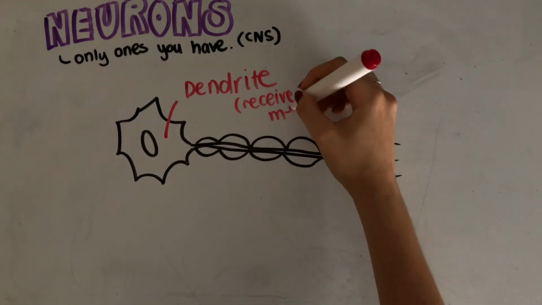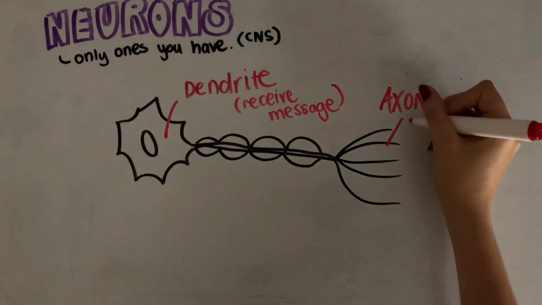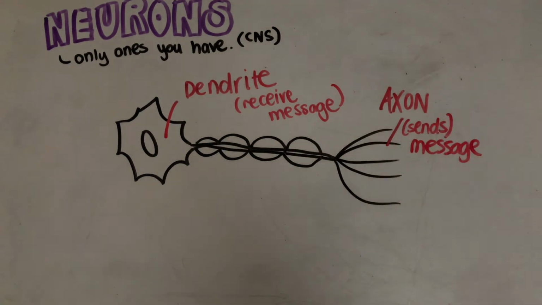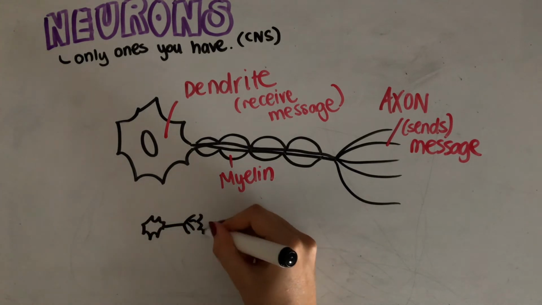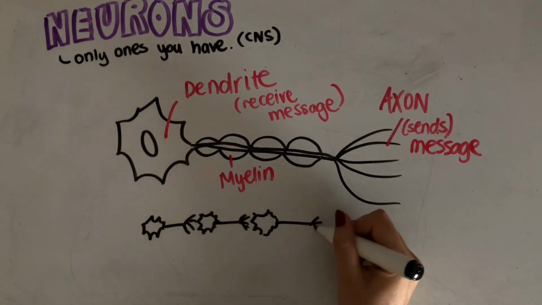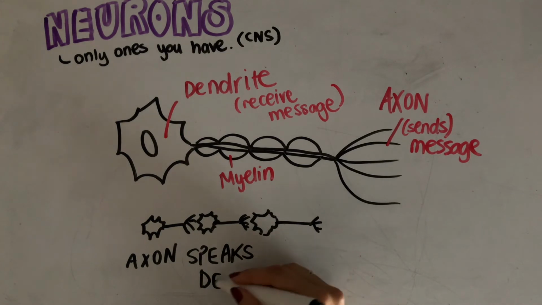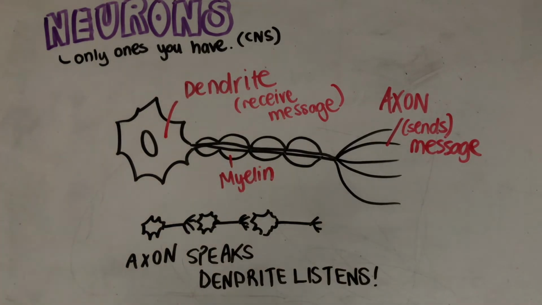And then your axon, where the messages are sent. And the myelin that usually covers the neurons, which just basically insulates them and makes the messages go faster. And so Miss Rossiter used to always tell us axons speak and dendrites listen, and that's a really great way of remembering which way the action potential travels.